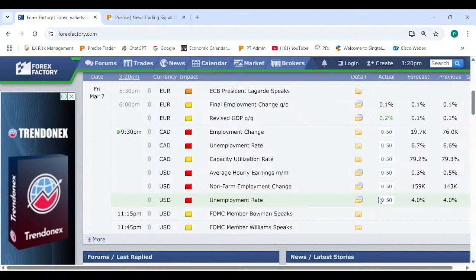Fifty-five seconds. Okay, 25 seconds. So we'll see what the data is. Then after that we will decide on how we want to trade.